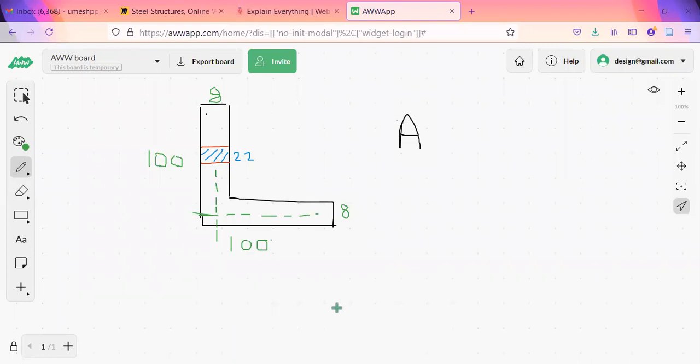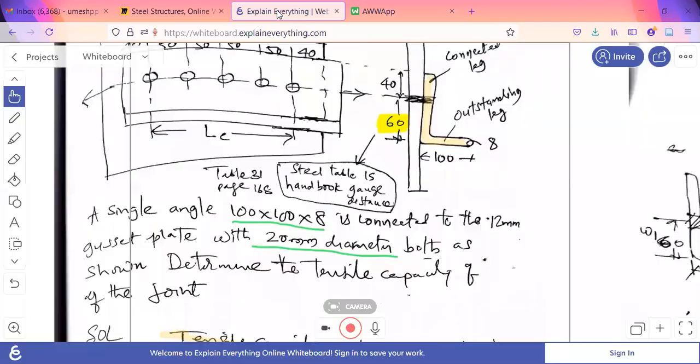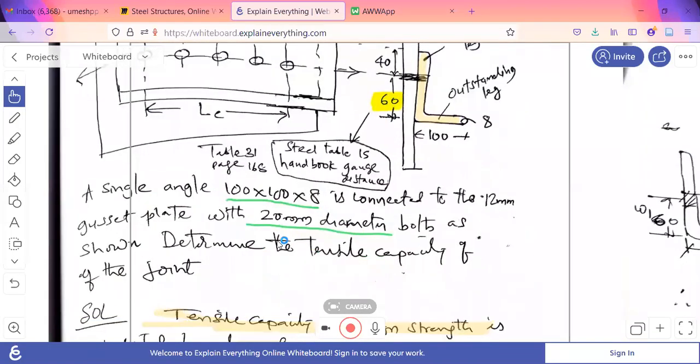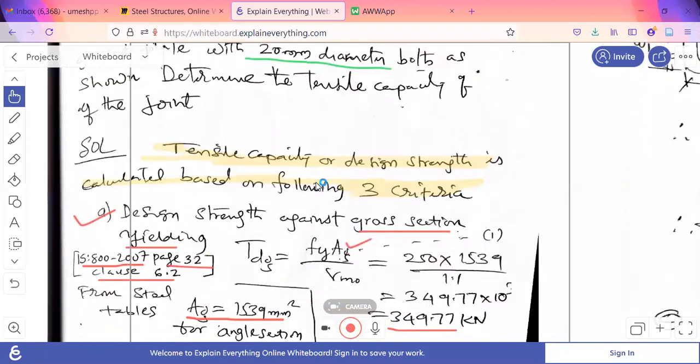Okay. So my job is to calculate two areas. I'll be slow here because for the remaining calculations, you don't have to worry much. You can see this.